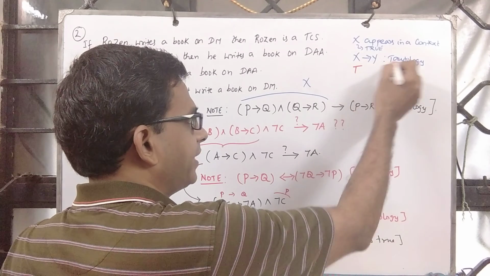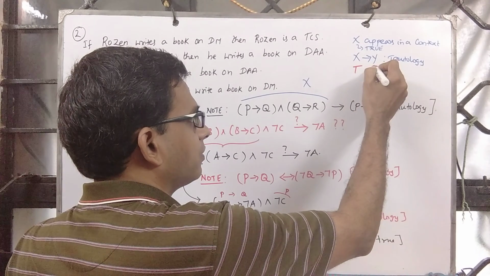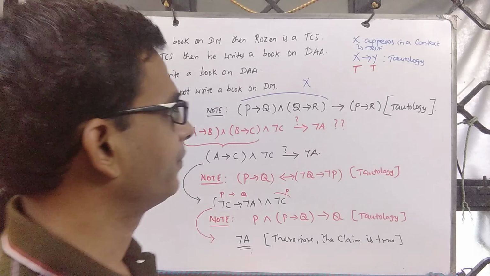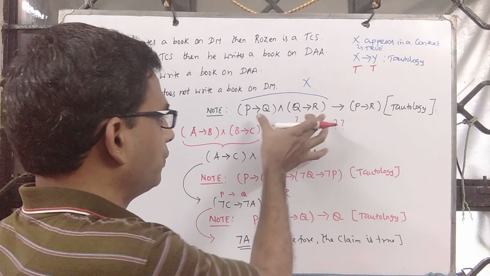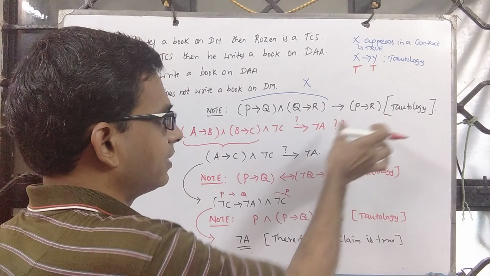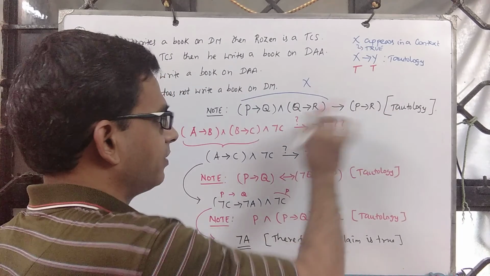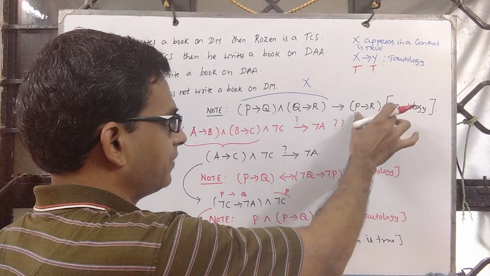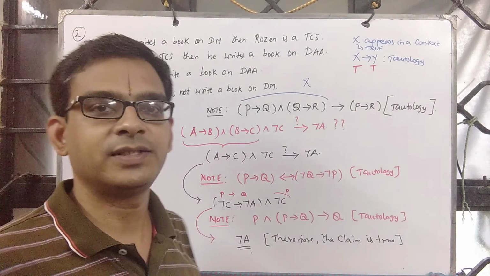X implies Y is true, therefore Y will also be true, which is why you replace this with an equivalent one, meaning you replace this with Y because X implies Y is a tautology.